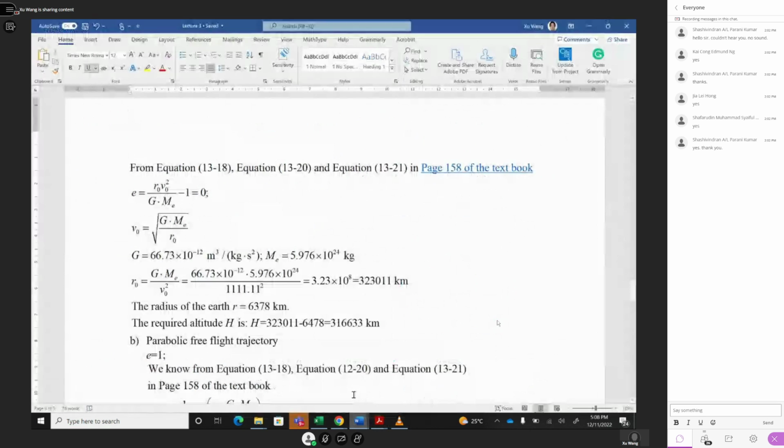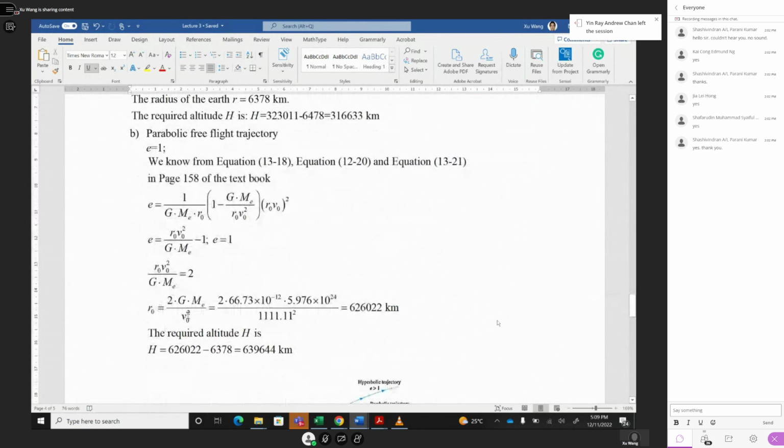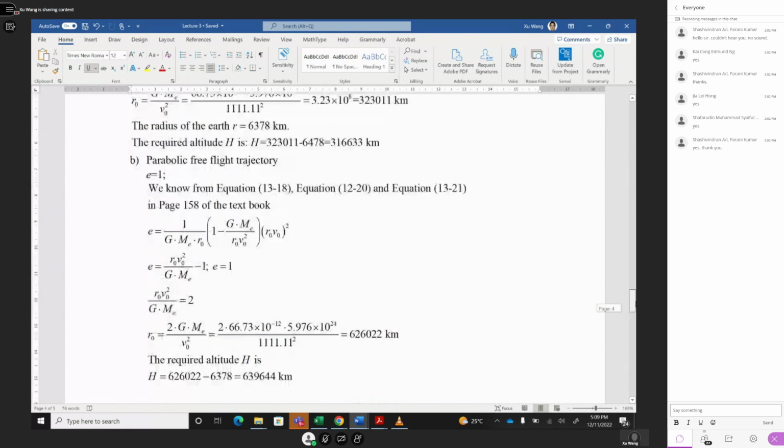Then you use the e formula, equal to 1, which means this one equals 1. Solving from here, R0 should be equal to this one. This is the gravity constant, and this is the mass of the Earth, put here, and then divided by the initial velocity squared. What is the initial velocity? We are given the initial velocity.